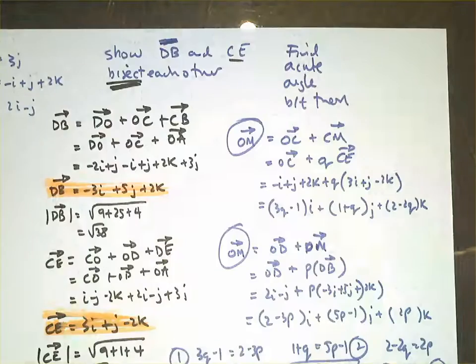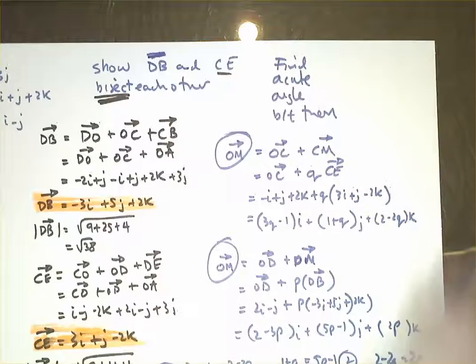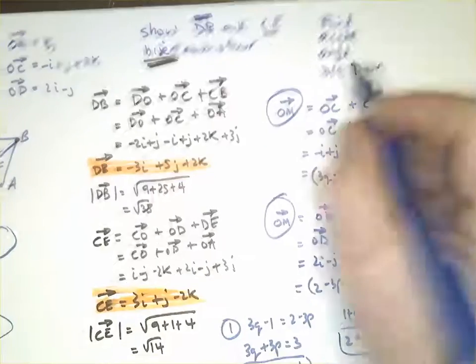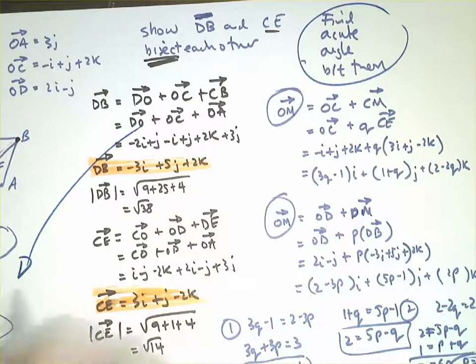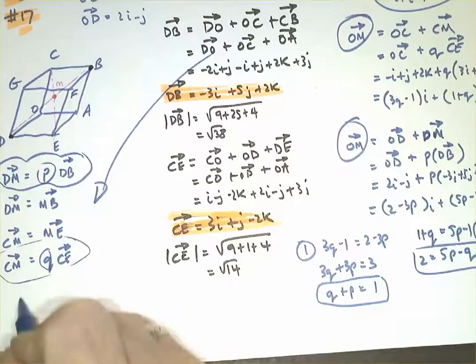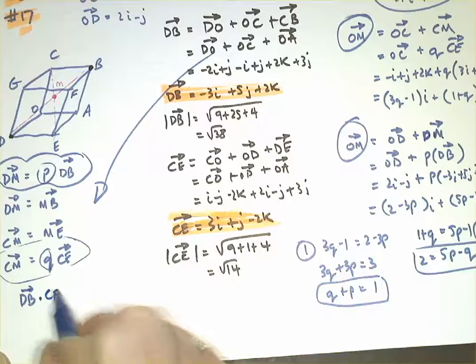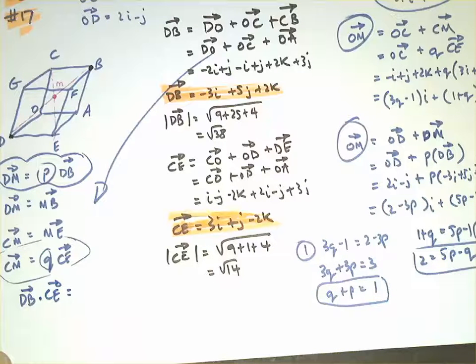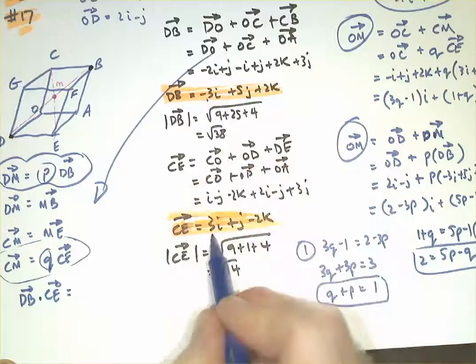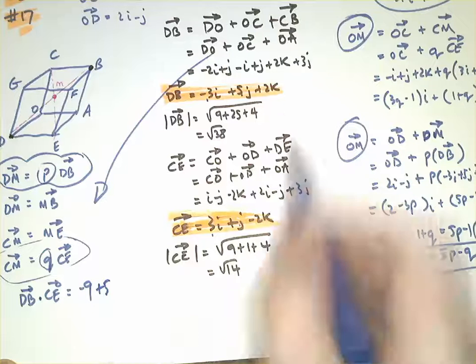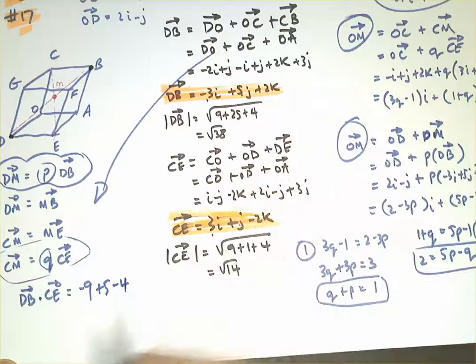And the last bit of the question asks about finding the acute angle between them. To find the acute angle between them, I can move all the way down here. DB dot CE will equal minus 3 times 3 is minus 9, plus 5 times 1 is plus 5, plus 2 times minus 2 is minus 4, and that's going to be minus 8.